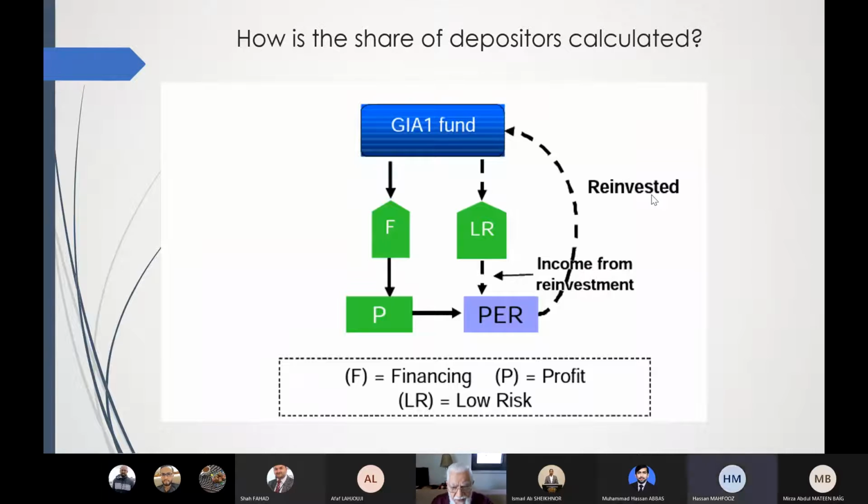That's not our issue at this point. The point is, it is taken from the profit of depositors only, from the share of depositors in the profit, not from the total profit in Pakistan. Is that what you are saying?